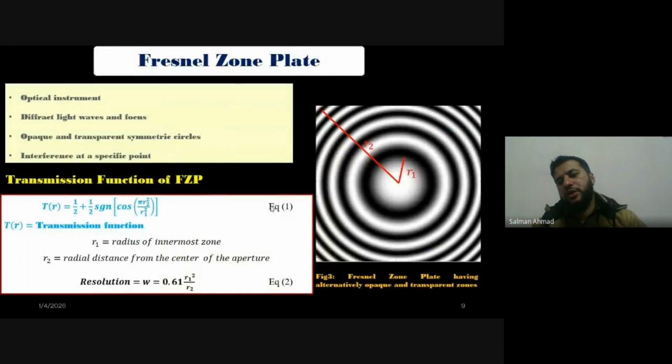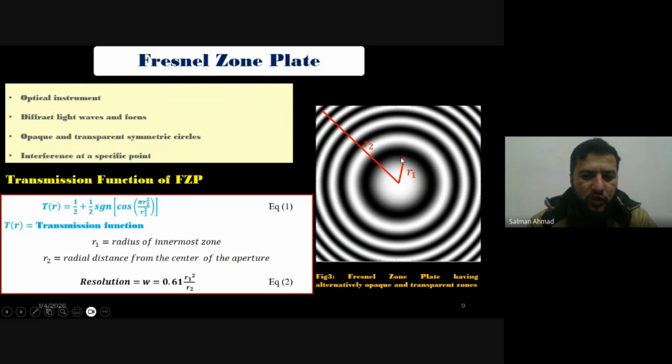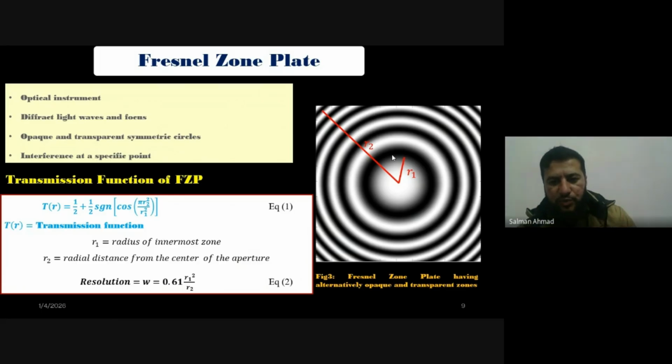Okay, sir. For my experiment, I use the Fresnel zone plate. I used this Fresnel zone plate to prove that I can use it to attain high resolution images.